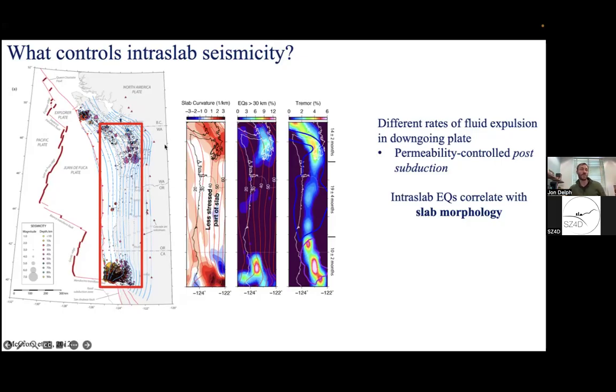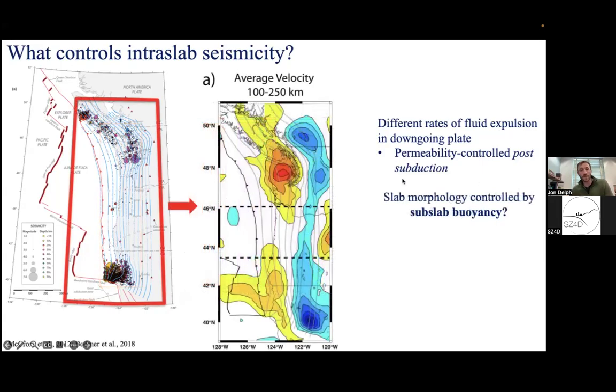So what we might be seeing reflected in this seismicity is actually telling us where the slab top is more easily or more readily able to fail and release these fluids. But now, of course, we have to think about what controls slab morphology along the Cascadia margin. There's been some nice mantle tomographic imaging done in this region, showing that in our subslab domains, we see very low velocities in the uppermost mantle below our slab.